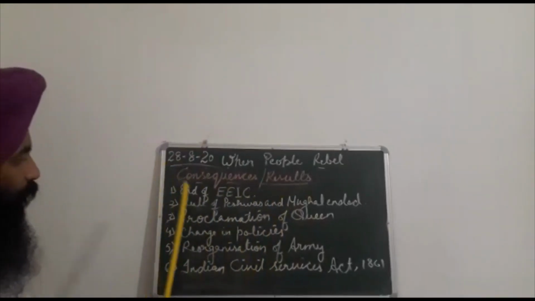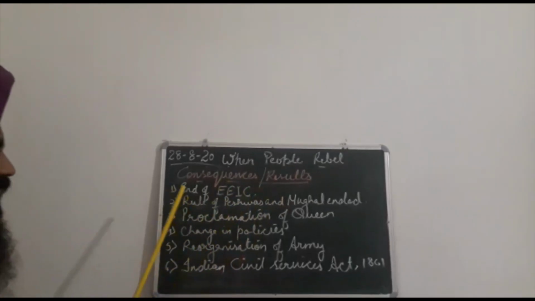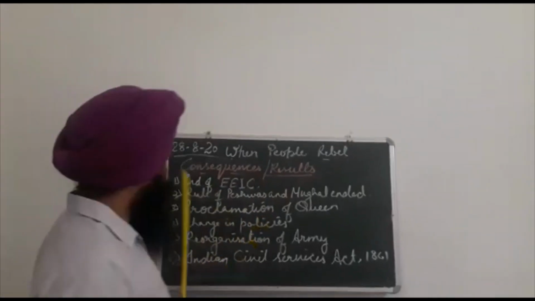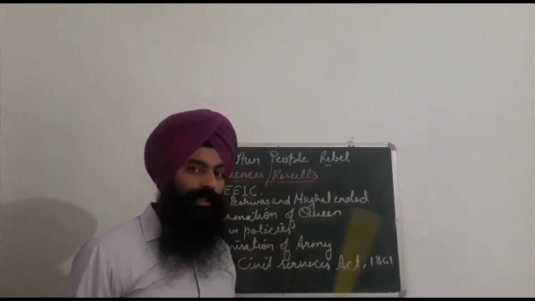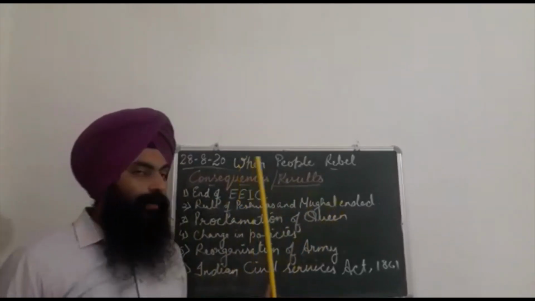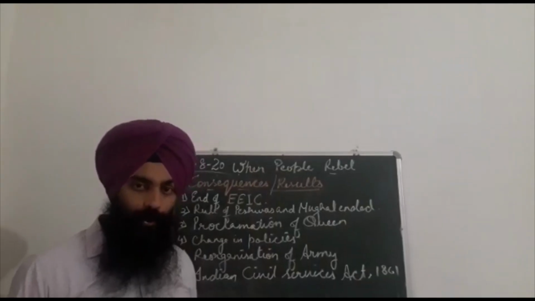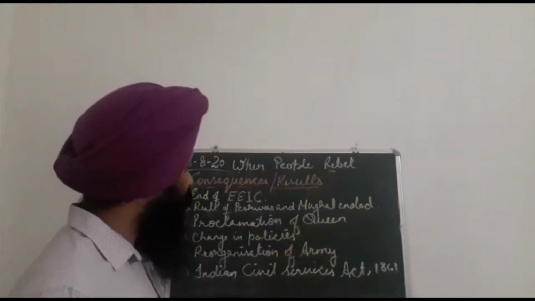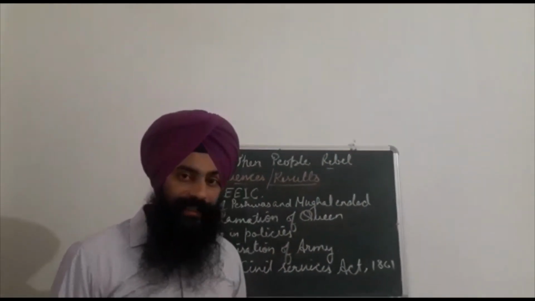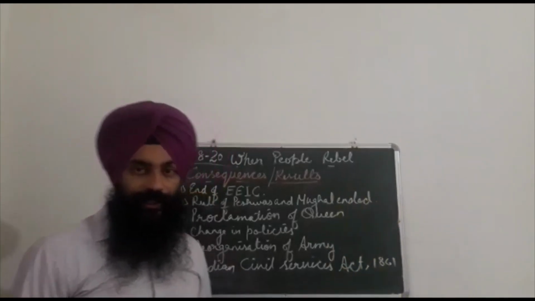Second, the rule of the Peshwas and the Mughals ended after 1857. This was the second consequence. As we discussed, Bahadur Shah Zafar, the leader of the rebels who took part in the revolt of 1857, died in 1858 in Rangoon.